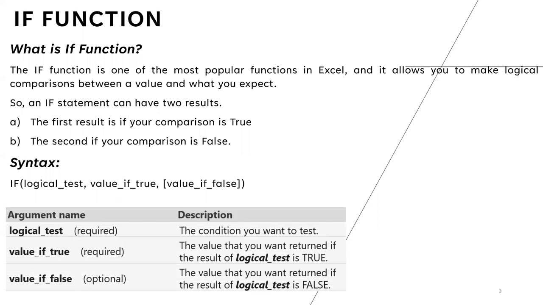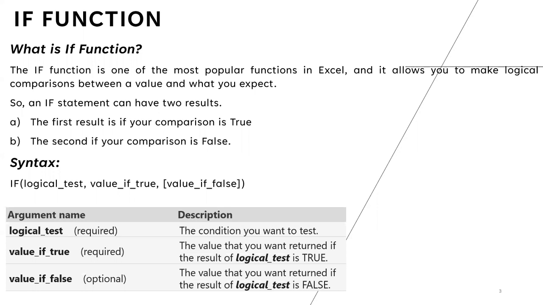So in this syntax, we are basically giving three arguments. First one is the logical test, and the second one is the value that you want, and the third one is the value you want if the logical test is false.